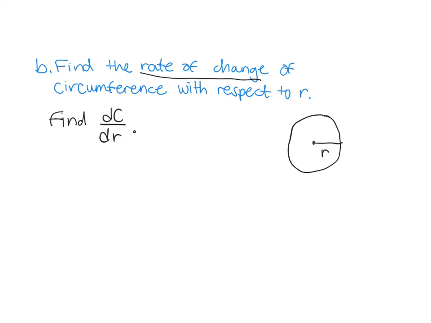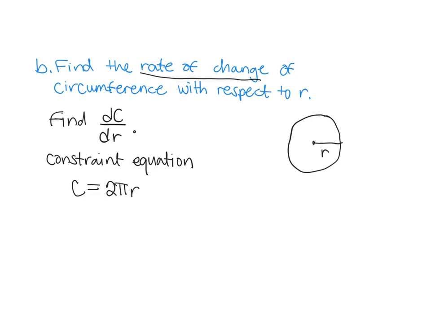So we need to come up with our constraint equation, an equation that relates the circumference and the radius. So circumference of a circle equals 2 pi r.